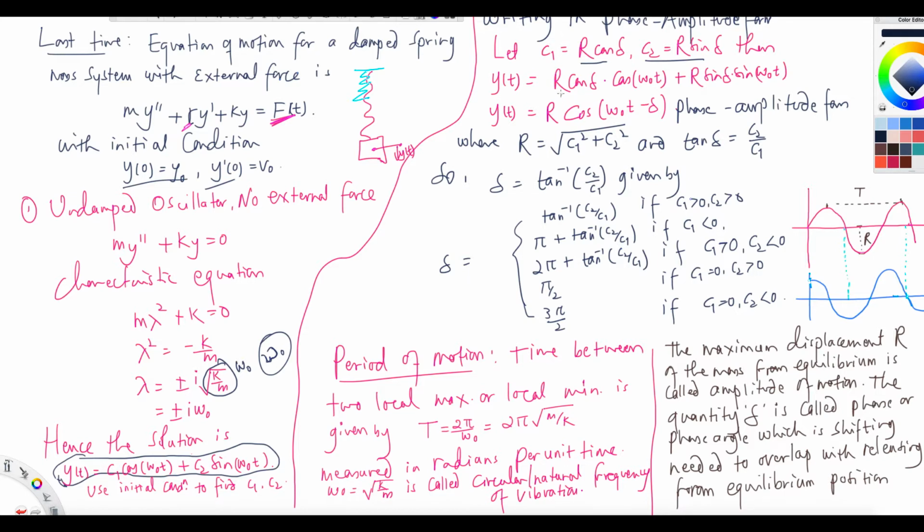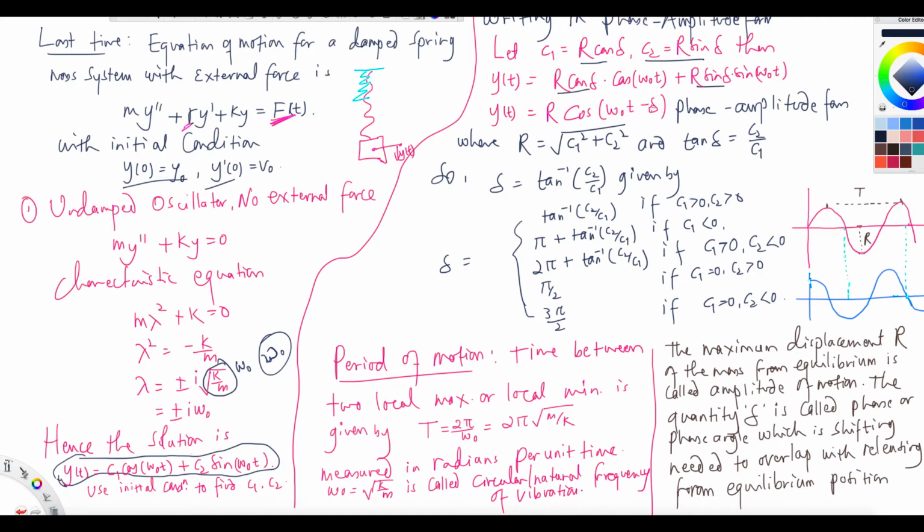So y(t) would be C1 cosine omega 0 t plus C2 sine omega 0 t, right? If you take R out, it is cosine delta cosine omega 0 t plus sine delta sine omega 0 t. That is cosine A cosine B plus sine A sine B, which is cosine of A minus B. So that will be cosine omega 0 t minus delta.